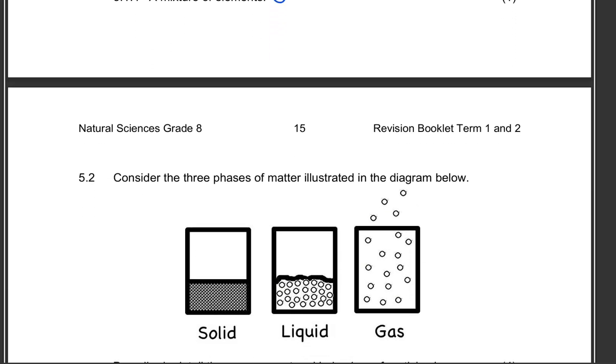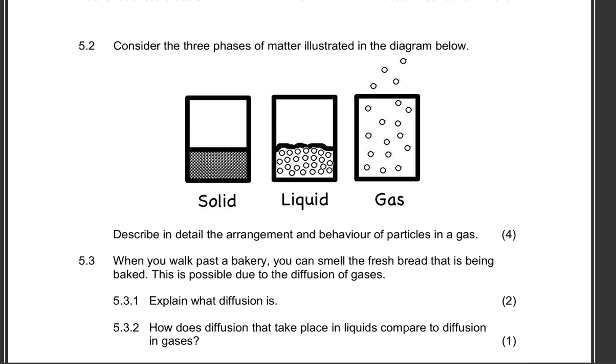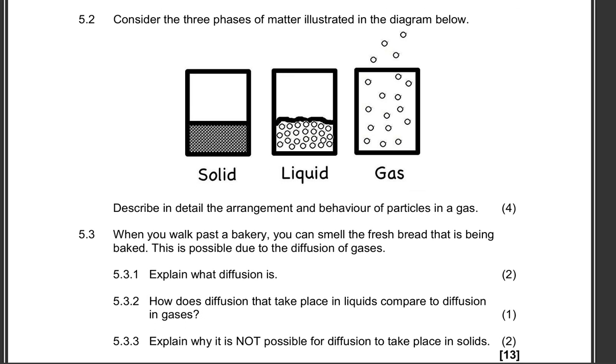Okay, let us move to 5.2. Consider the 3 phases of matter illustrated in the diagram below. So you are having the 3 phases of matter, that's your solid, liquid and also gas.